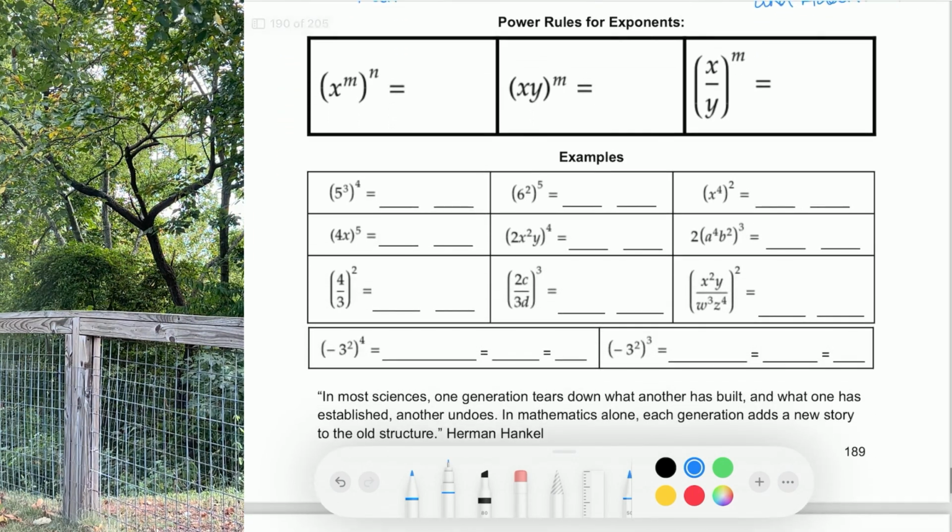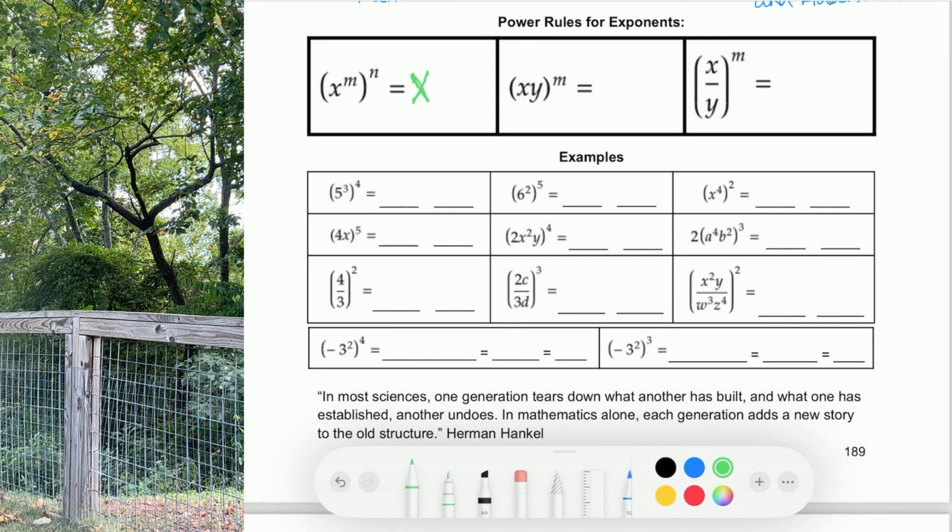Power rules for exponents. All right, so now we're going to learn a new rule. So when you have a base to an exponent within a parentheses to another exponent, it's basically being raised to a different exponent, then this is what you would do with the rule, okay? So I'm going to write this one in a different color. You're still going to have your base. Let me change to a thicker marker here, just so we can see it better.